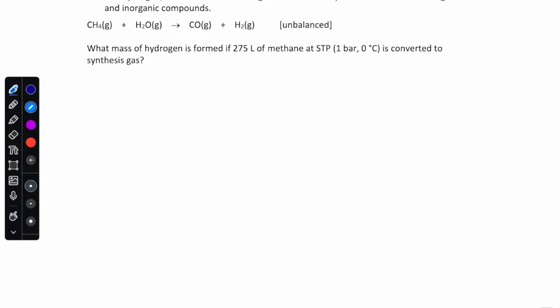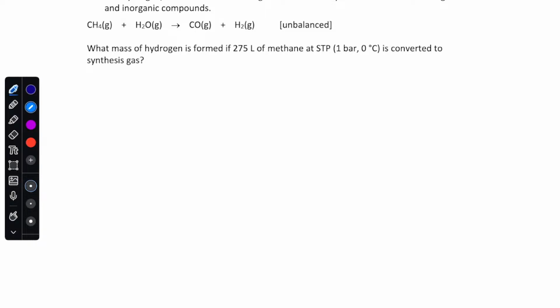Methane reacts with steam to give synthesis gas, syngas, a mixture of carbon monoxide and hydrogen, which is used for blah, blah, blah. Here is the equation unbalanced. What mass of hydrogen is formed if that much methane is converted to synthesis gas? First order of business is we got to balance this equation.